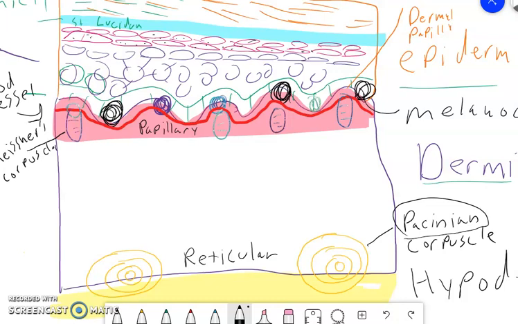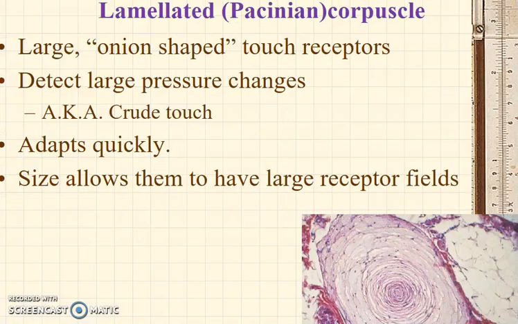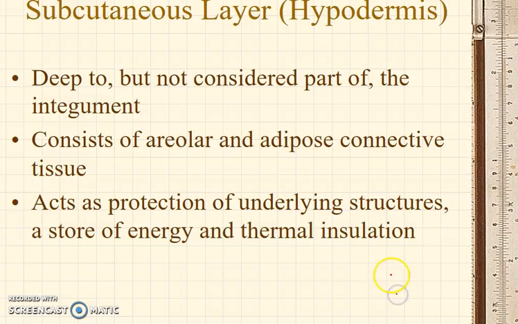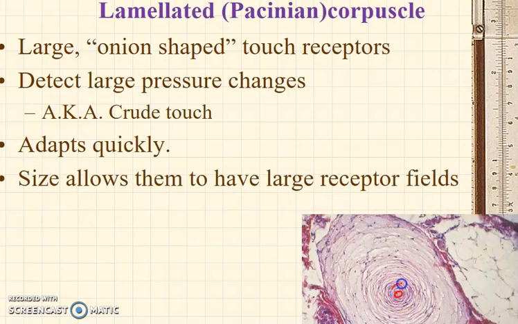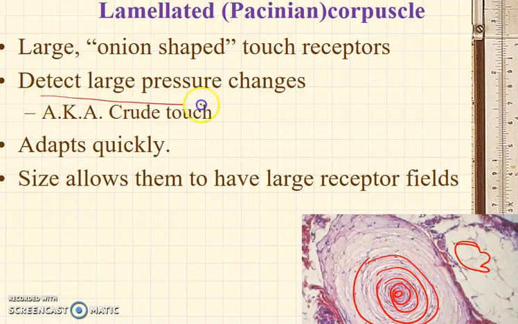So these Pacinian corpuscles are a heavy touch. The Meissner's corpuscles and the tactile cells are light touch. These lamellated or Pacinian corpuscles are described as onion-like because you have these layerings of it. They're usually found at the hypodermis, so here's the adipose cells. And they detect large pressure changes.